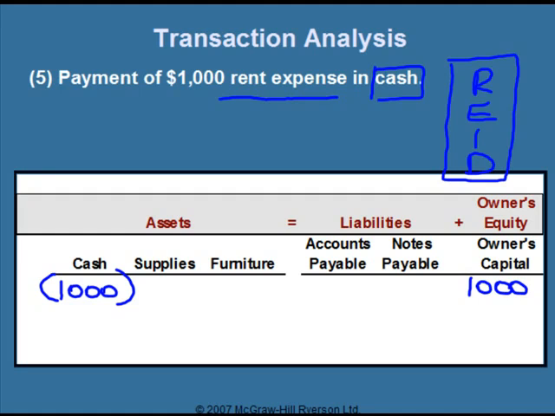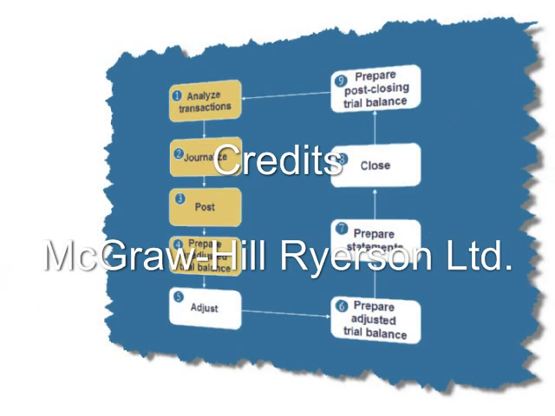READ. When we look at the expenses, we have to remember that revenues make the value of the company go up, expenses make it go down, investments make it go up, and draws make it go down. So we're going to put brackets around this $1,000 to indicate that the owner's capital, or the book value of the company, is going down.